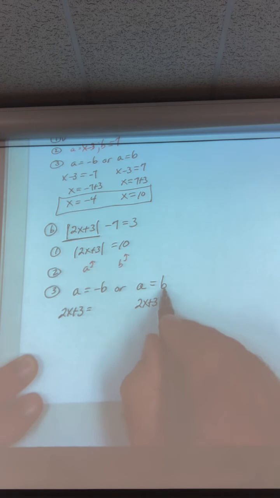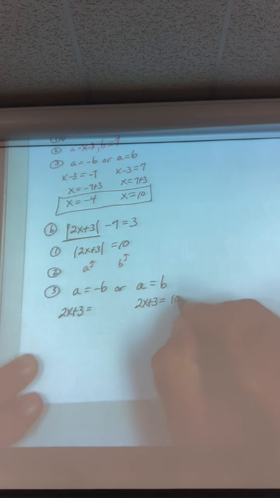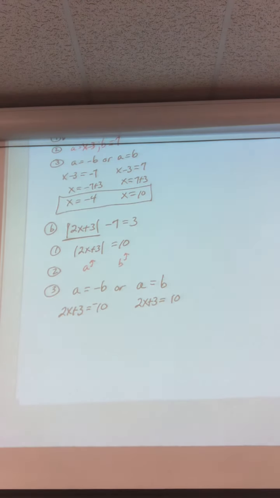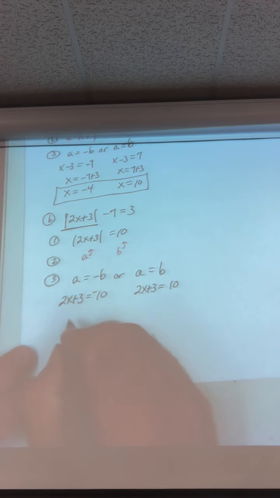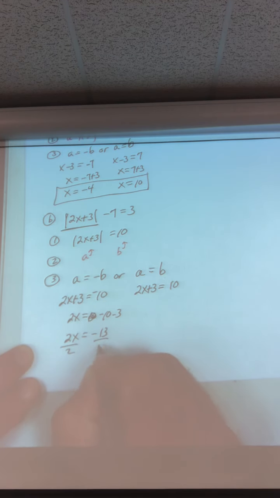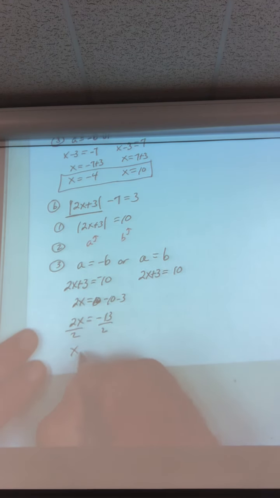What do we replace B with? 10 and 10, but this 10 has a negative in front of it. Okay, now, subtract 3 from both sides. So that would be negative 13. Divide by 2 to get negative 13 over 2.